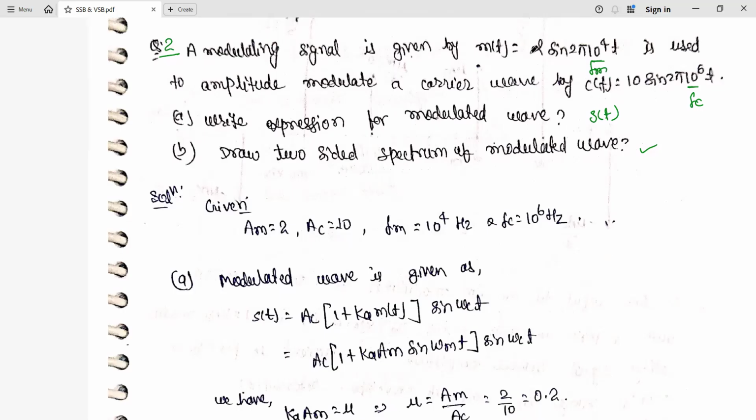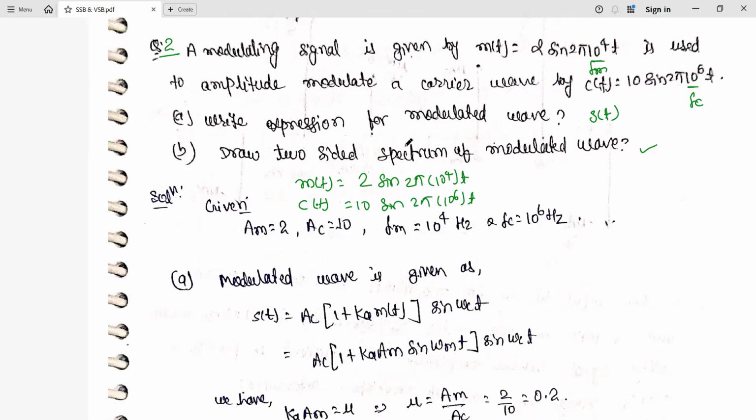By seeing this, what is the message signal given? m of t equal to 2 times sine 2 pi 10 to the power 4 into t. And c of t is 10 sine 2 pi 10 to the power 6 t.